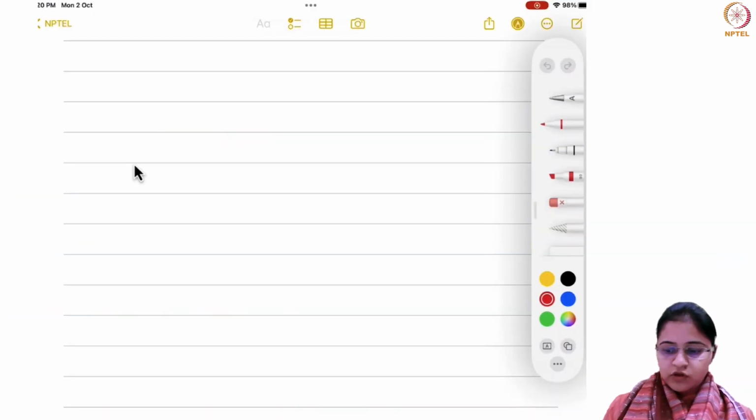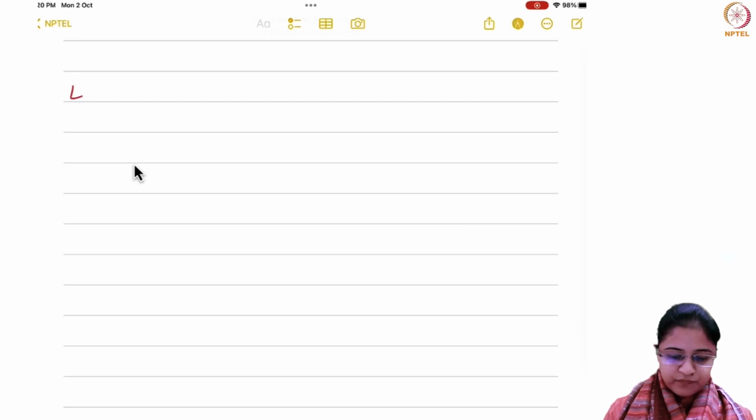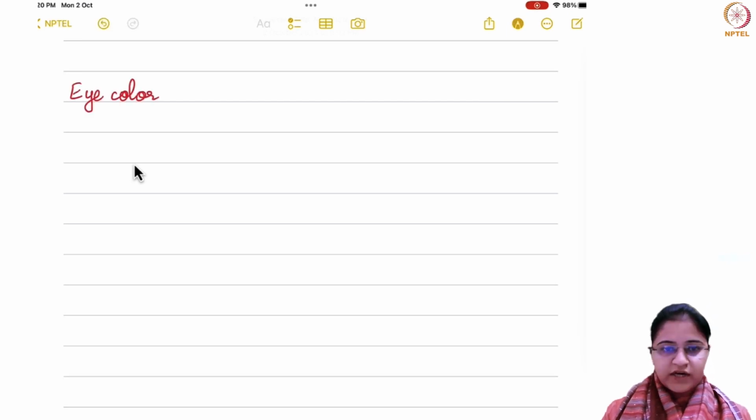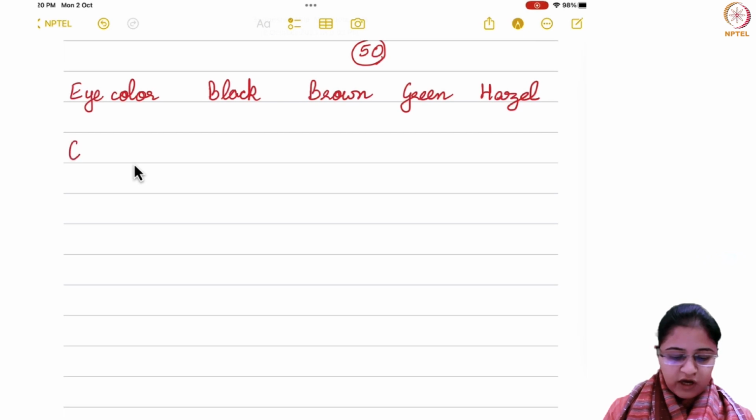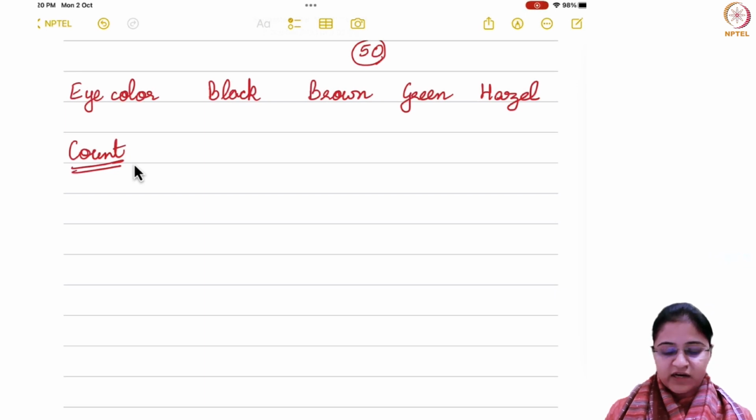So you have eye color. The eye color can be black, brown, green, hazel. And in the class, you had, suppose, 50 students. If you have to make the count for this, first of all, you will count how many students have black eyes.